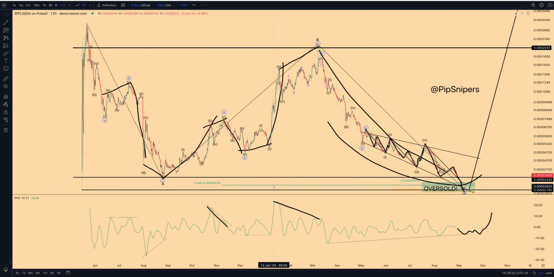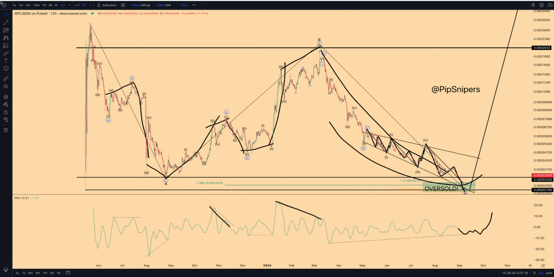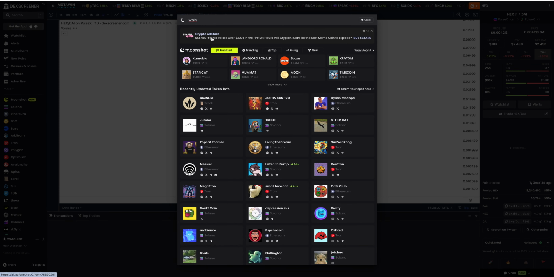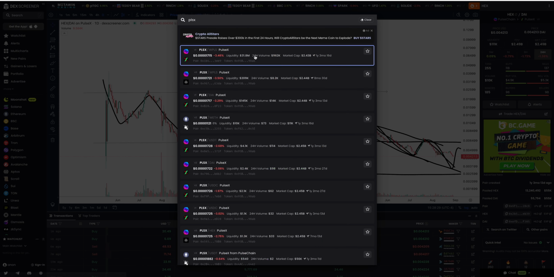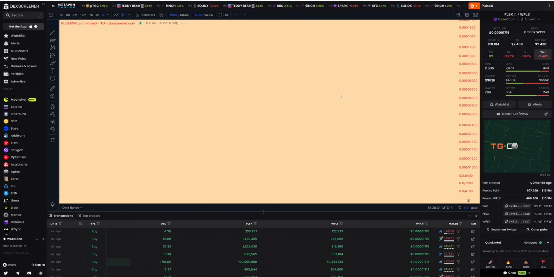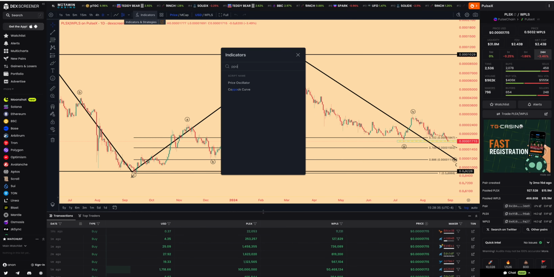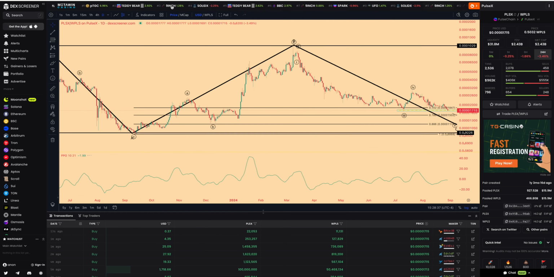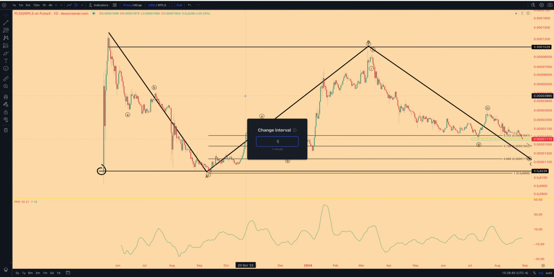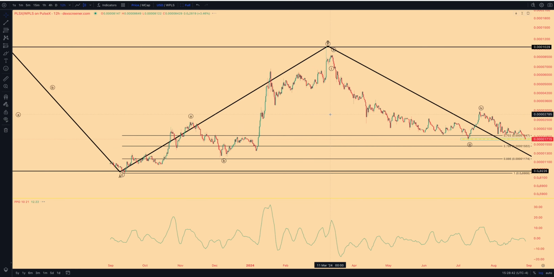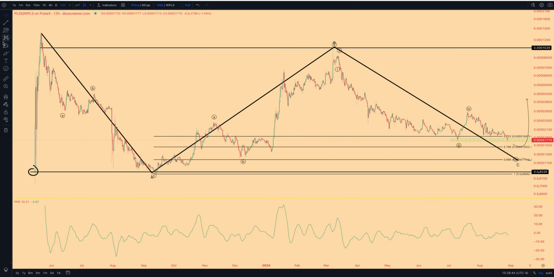Okay, and this is the same scenario with PulseX as well. If you go on PulseX here and look at the price oscillator, you can see that it's called every bottom and top. So we'll just type in PPO over here for price oscillator, and you can see the 12-hour time frame called every bottom and top, right?